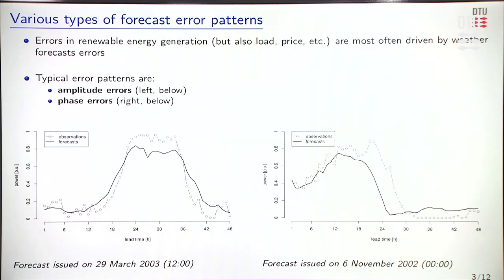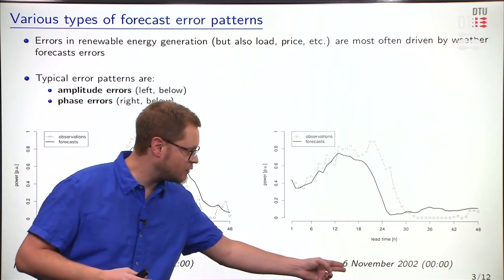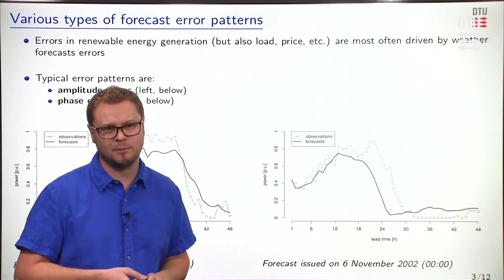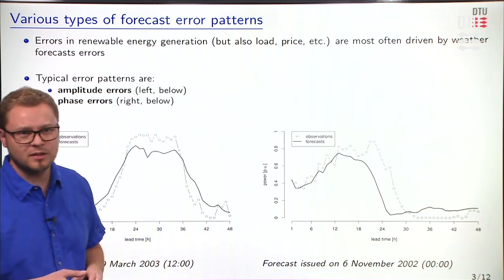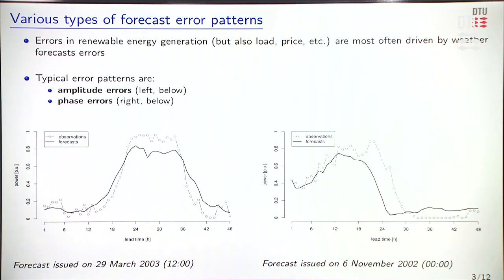Let me illustrate this concept based on two other forecasts. We have, again for the same portfolio, two forecasts issued on the 29th of March 2003 at 12 and on the 6th of November 2002 at midnight. Let's look first at the forecast on the left. If you compare the forecast, the black line, with the observations, the gray circles and lines between them, there seems to be a very good match, right?